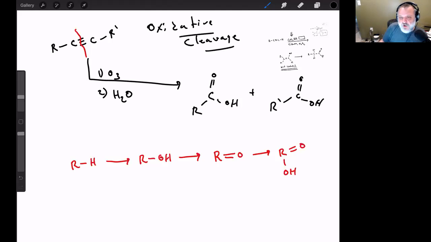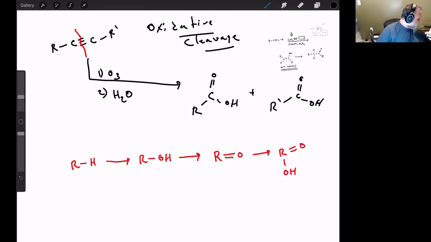You still are breaking the carbon-carbon bond, instead of a double bond, in this case it's a triple bond. And you're adding oxygen in that place. Before, where you just added one oxygen, now you're going to add multiple oxygens. And so I think that one is very similar as well.